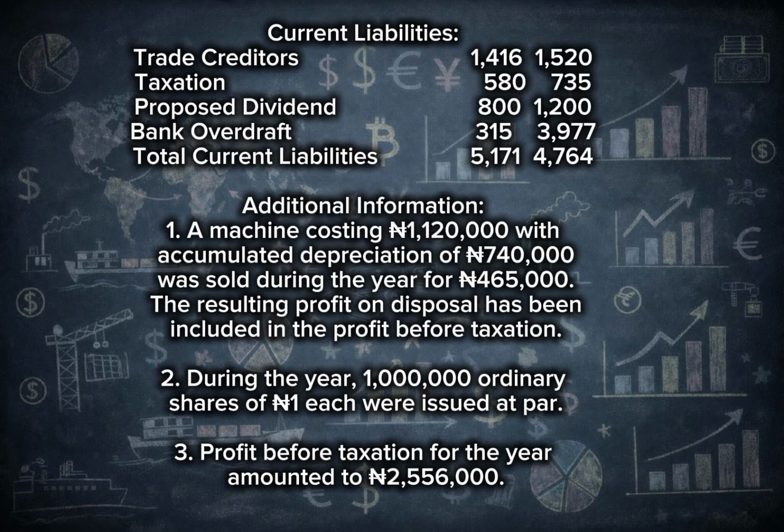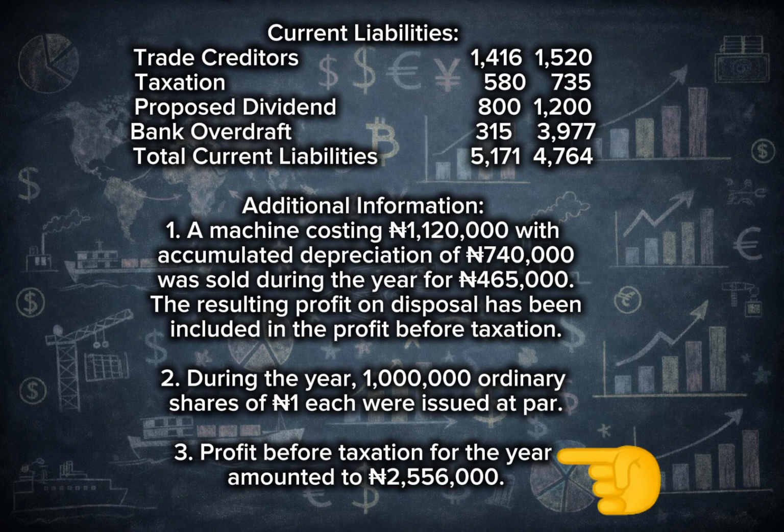The second information also informed us that 1 million shares of 1 naira per share were issued at par, and also that profit before tax for the year amounted to 2,556,000. We are obviously required to prepare the cash flow statement of Kate Limited.